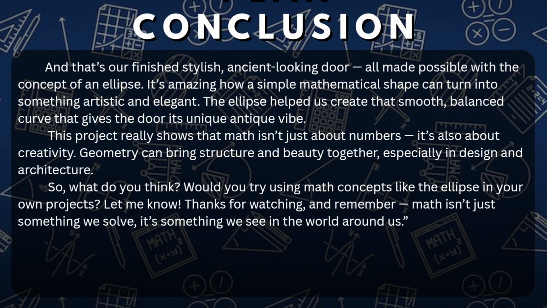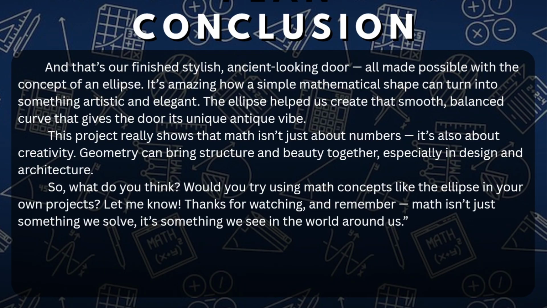So in conclusion, that is our finished, stylish, ancient-looking door, all made possible with the concept of an ellipse. It's amazing how a simple mathematical shape can turn into something artistic and elegant. The ellipse helps us create the smooth, balanced curve that gives the door its unique and antique vibe.